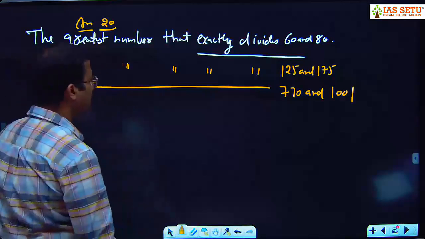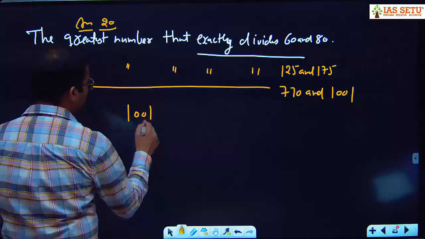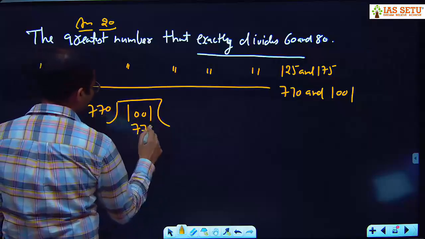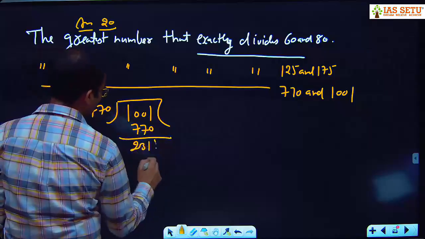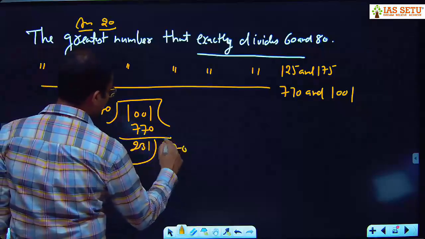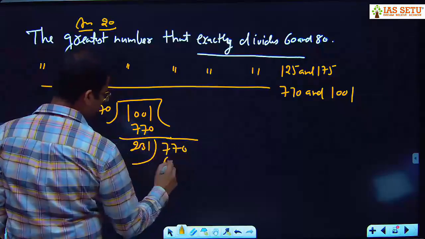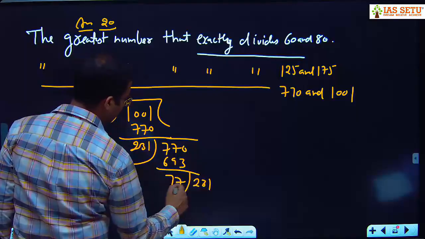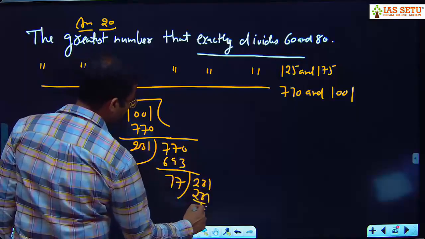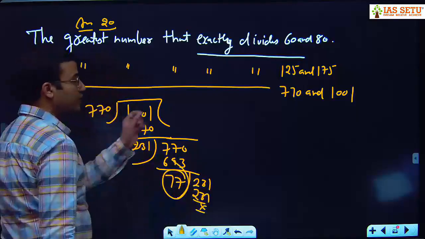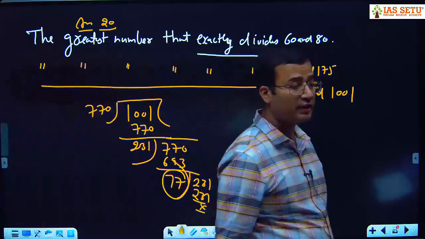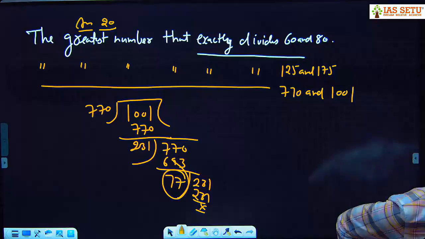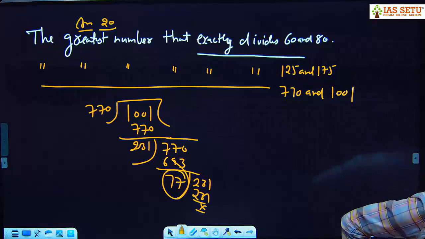Use the division method. 1001 divided by 770, 770, 231, 770, here 693, 77, 231, 77 3s are 231, so 77. So the greatest number which can exactly divide 770 and 1001 is 77. Everyone is writing 7 as the answer. 77 is the correct answer.